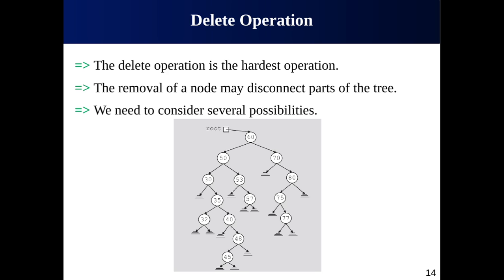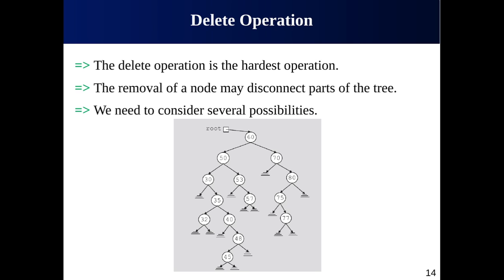If that happens, we must carefully reattach the tree and maintain the binary search property as well. Means after deletion of a node, it is possible that the tree becomes disconnected. So in that case, you must reconnect the tree in such a way that the property of binary search tree remains intact.